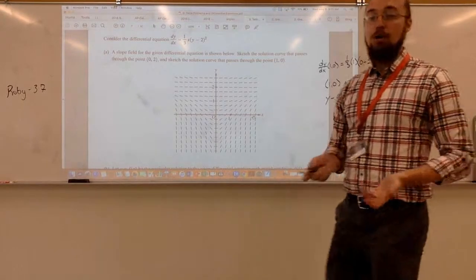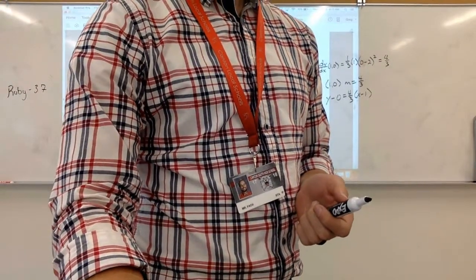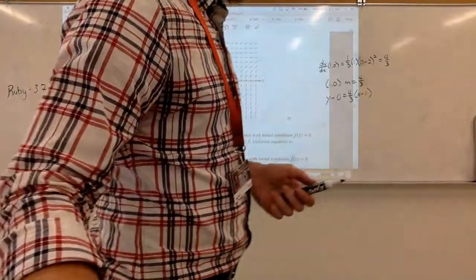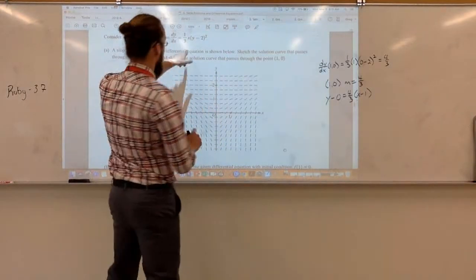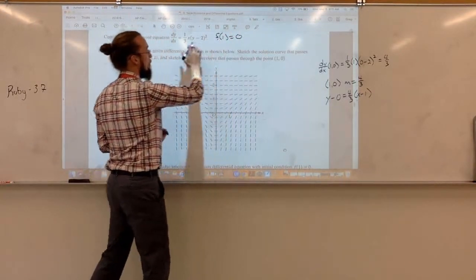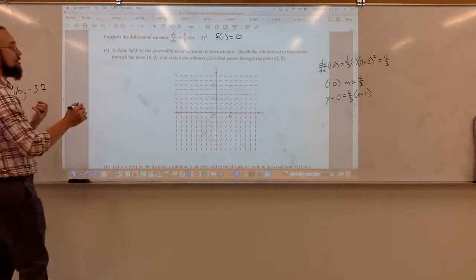Now the bulk of the points on a problem like this comes from the final part, actually solving the differential equation. To solve a differential equation with the initial condition f of 1 equals 0, the first thing I need to do is separate the variables. Get the x's and the dx's on one side, the y's and the dy's on the other side.